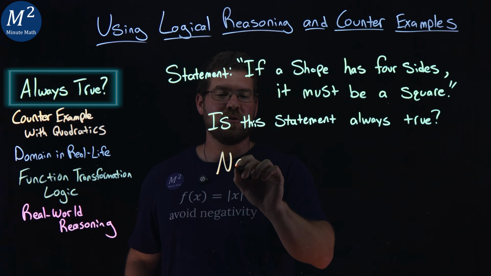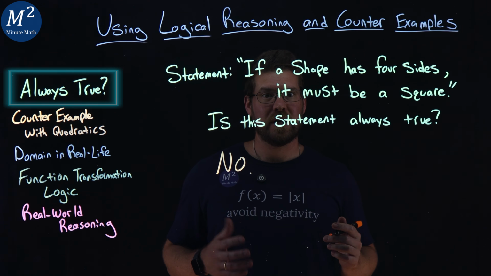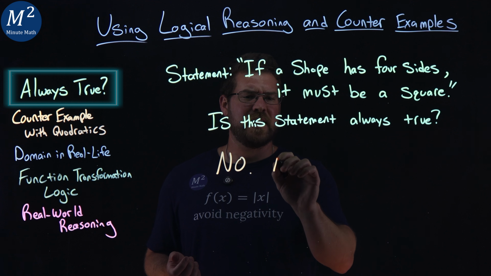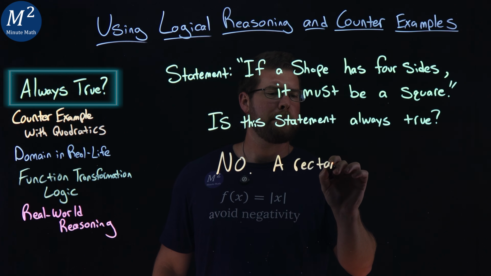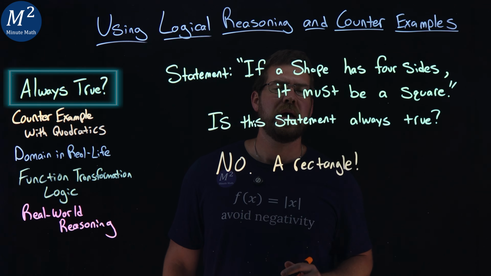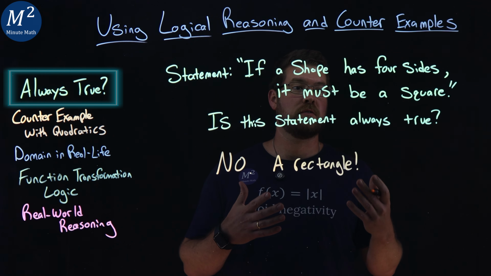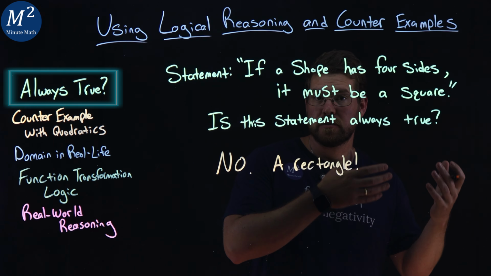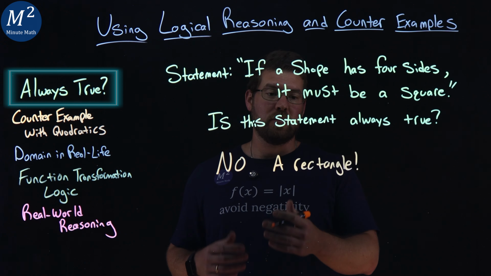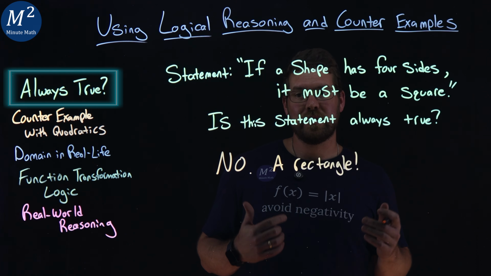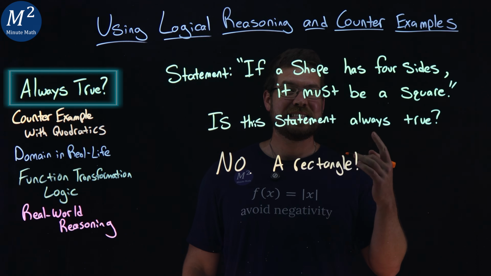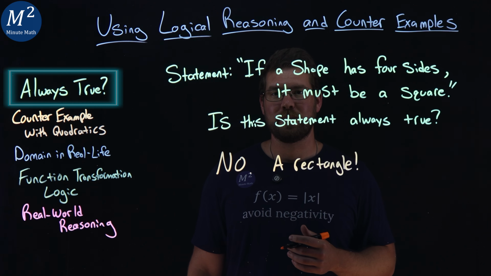No, that's not true. Our counterexample here would be a rectangle. A rectangle has 4 sides, but that's not a square. So, no, a rectangle is a counterexample here telling us that the statement is not always true.